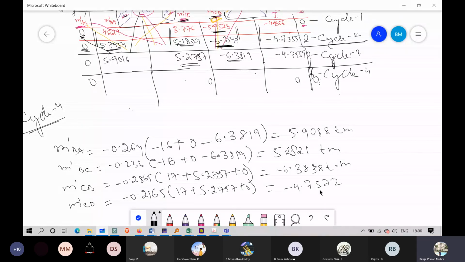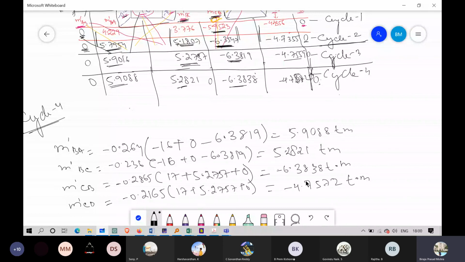Sorry, not 5 cycles, 4 cycles will be required, because the values are matching now. So it is 5.9088, this is 5.2821, this is minus 6.3838, this is minus 4.7572. See, these values are almost the same: 5.90, 5.90, 5.27, 5.27, 6.38, 6.38, 4.75, this is also 4.7572.